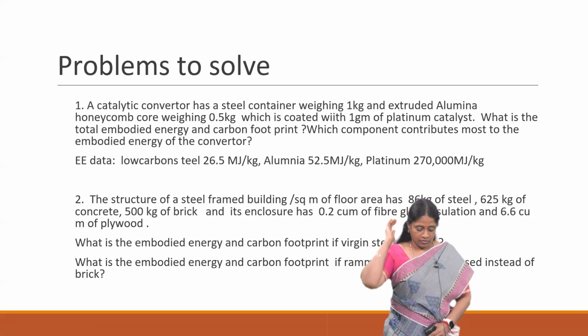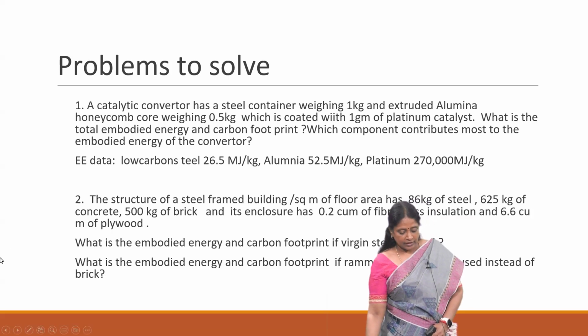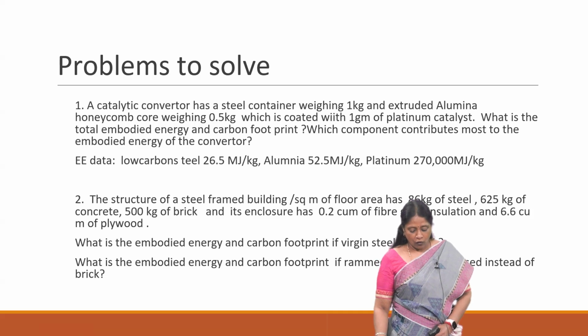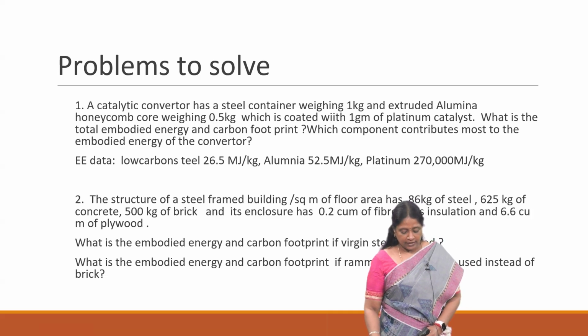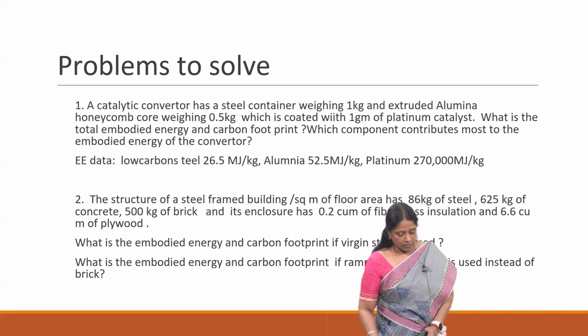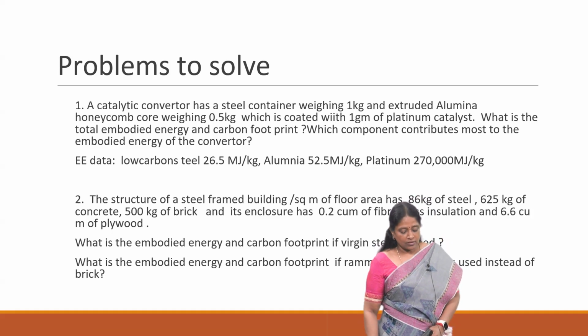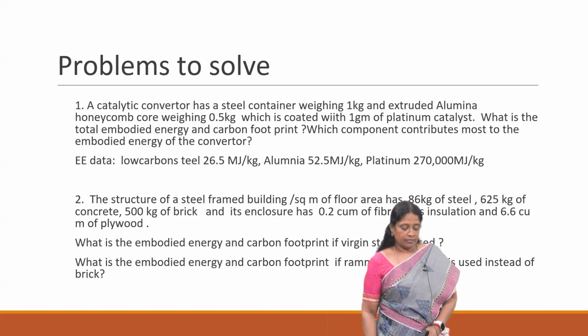It is coated with 1 gram of platinum catalyst. So, low carbon steel is 1 kg, extruded alumina is 0.5 kg, and 1 gram of platinum catalyst.